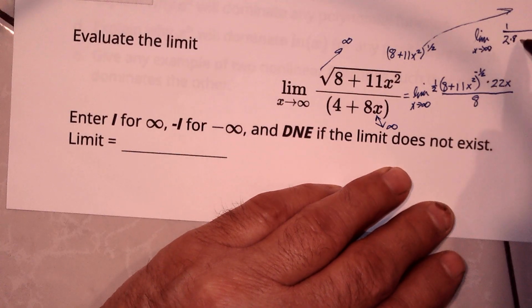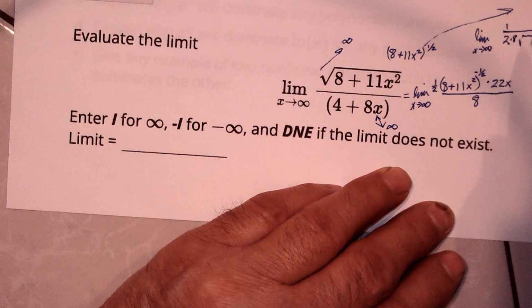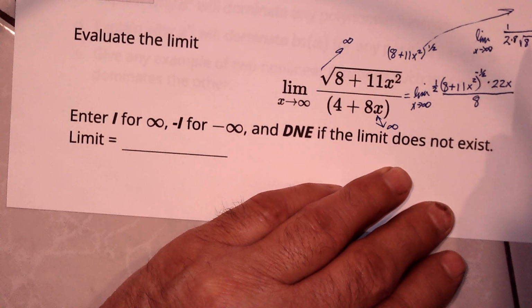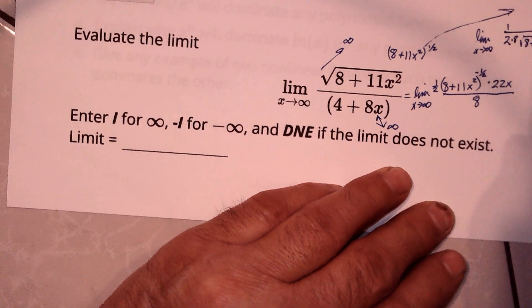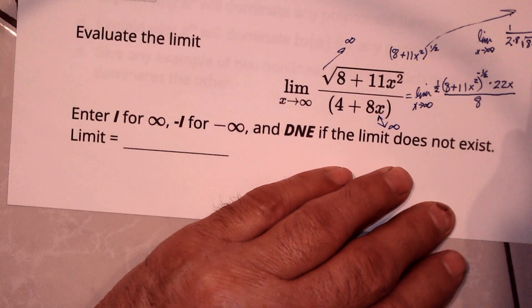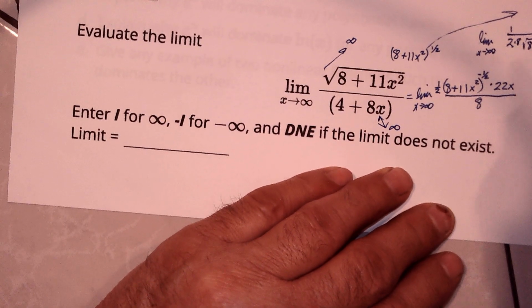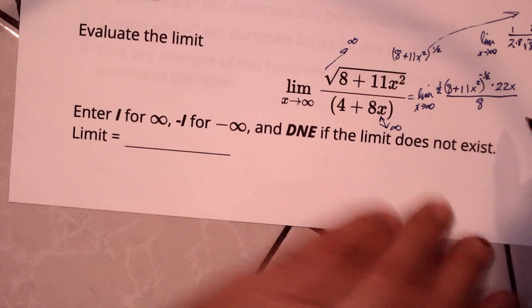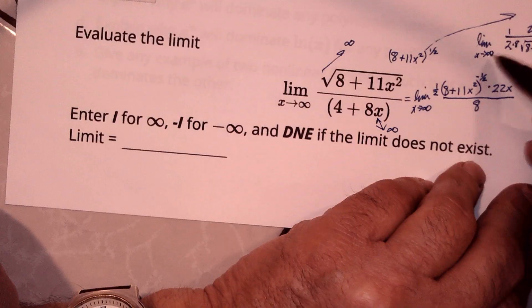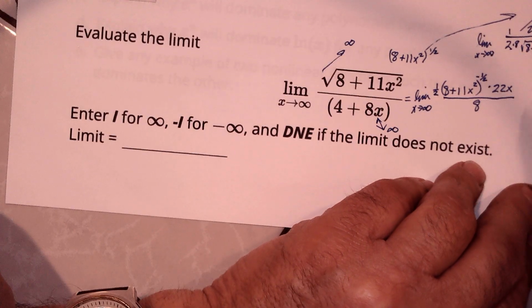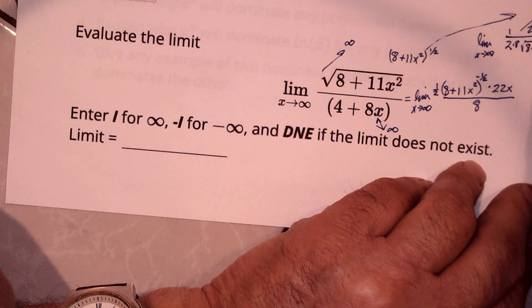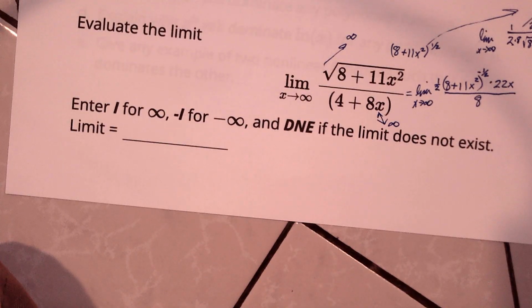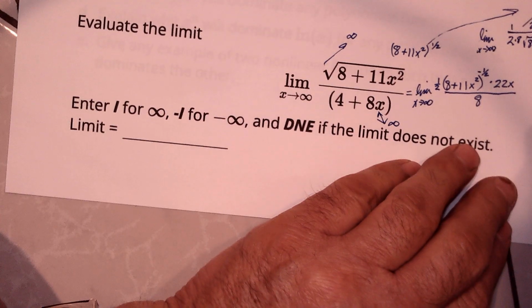And this is the square root of 8 plus 11x squared, and 22x. Now, as x gets really large, this gets really large. And as x gets really large, this also gets really large. So we do not know yet, but we can try the derivative again.